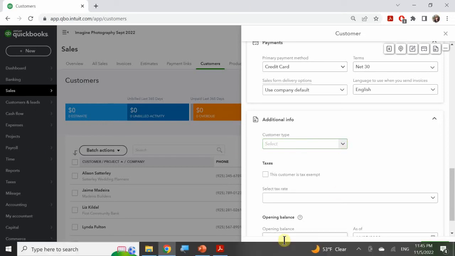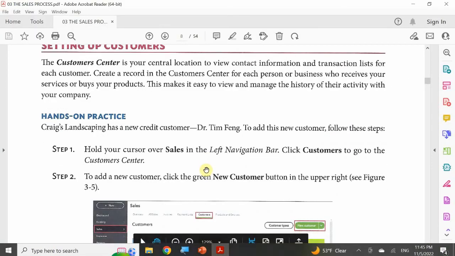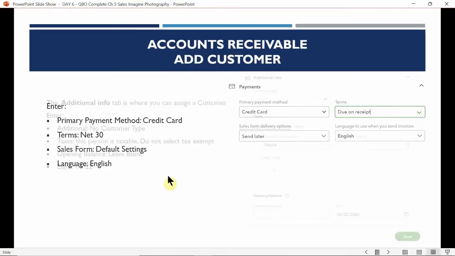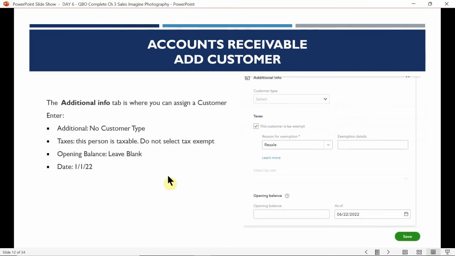In this case, do we have a customer type here? I believe we do not. Okay. But, however, let's see, we do want to also ask, is this person taxable? So I guess you do not want to put in that they are not tax exempt, and if they are, you have to give a reason why.